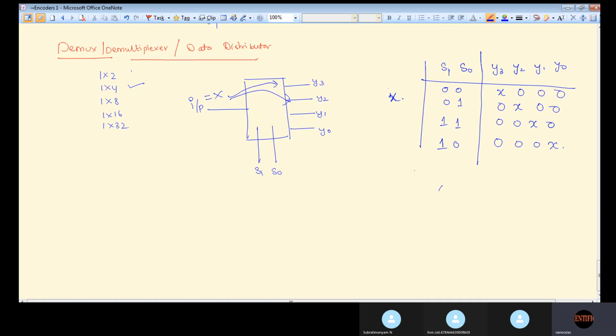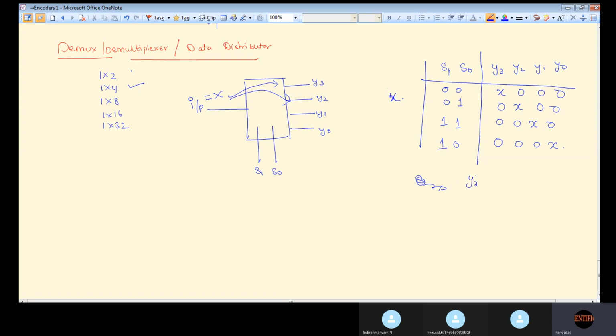In the same way, let's see the logic design of the demultiplexer. How do you draw the logic circuit for the demultiplexer? y3 is equal to what?